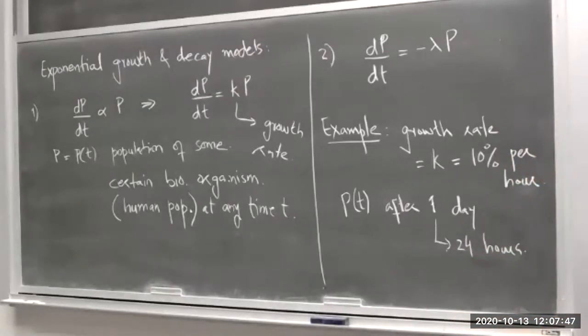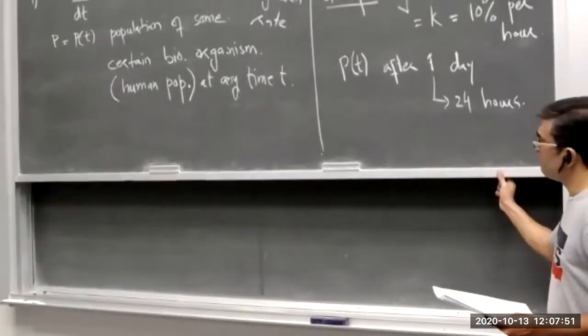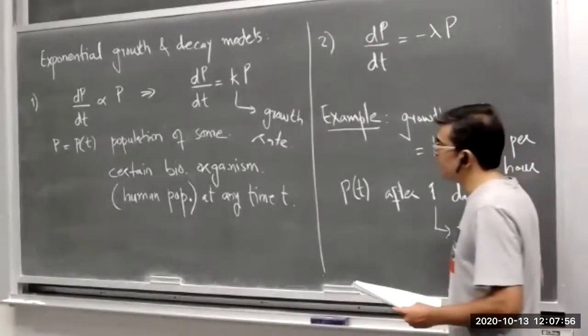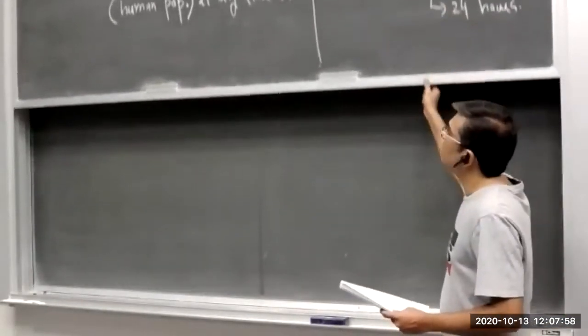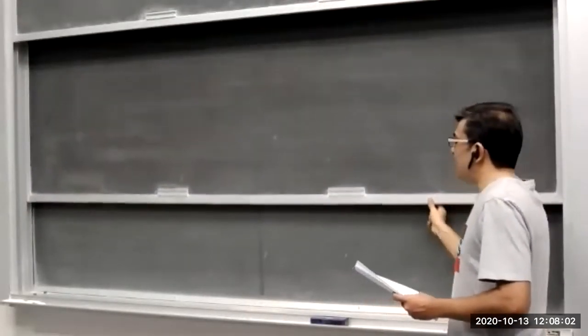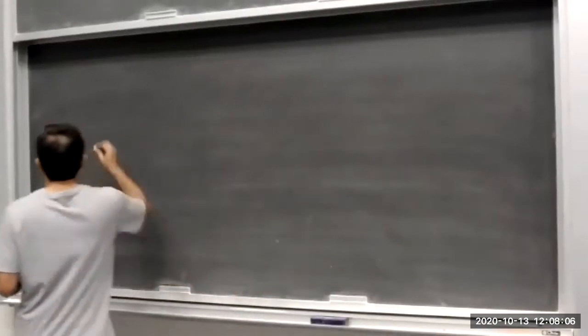So what would be the differential equation corresponding to this requirement according to these conditions? The growth rate is 10% per hour, and we have to compute population after 24 hours.